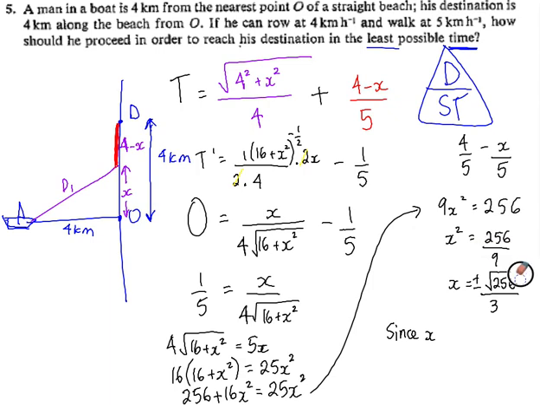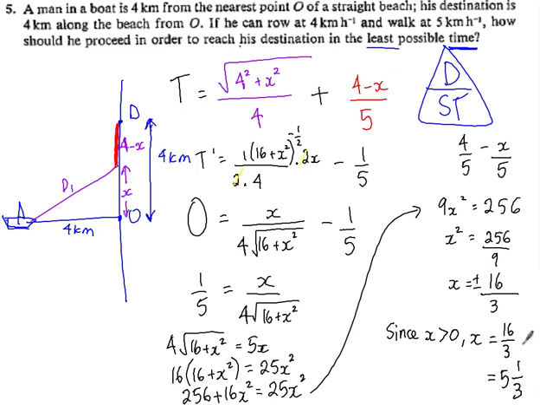So since x is positive, remember? X was a distance. X equals 16 over 3, which is equal to what? 3 into 16 is 5, and 1 remainder.